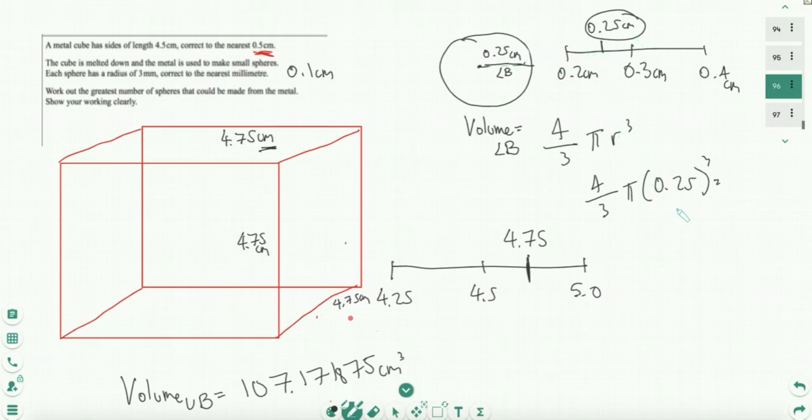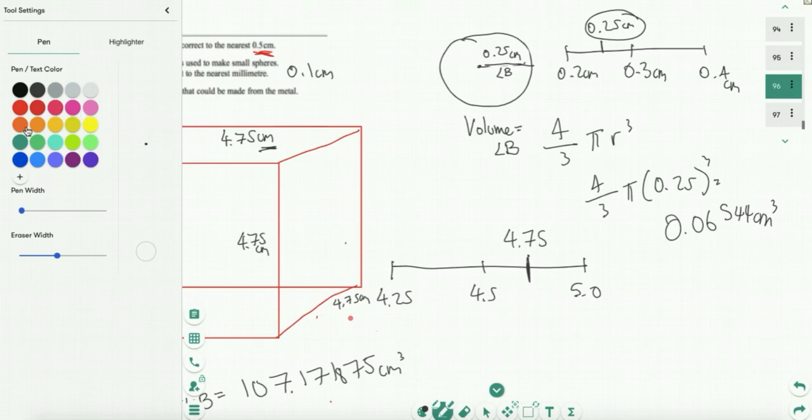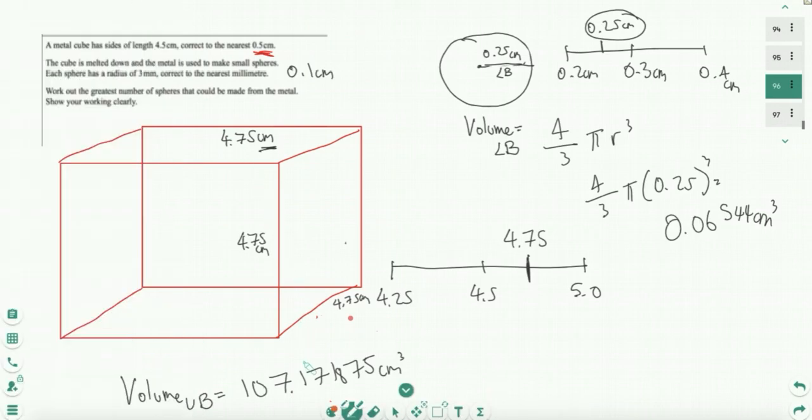And each sphere has a volume of 0.06544 centimeters cubed. So we know the cube has a volume of 107, and the volume of a sphere is 0.06 centimeters cubed.